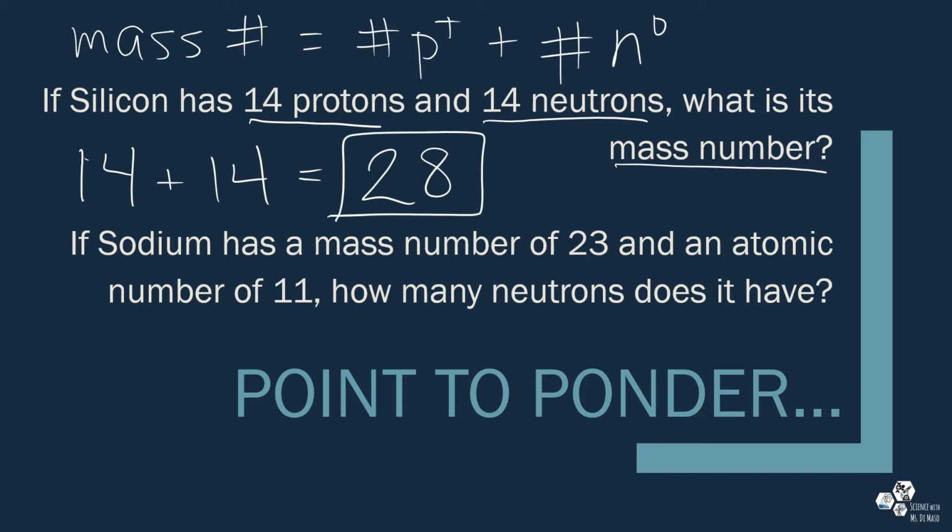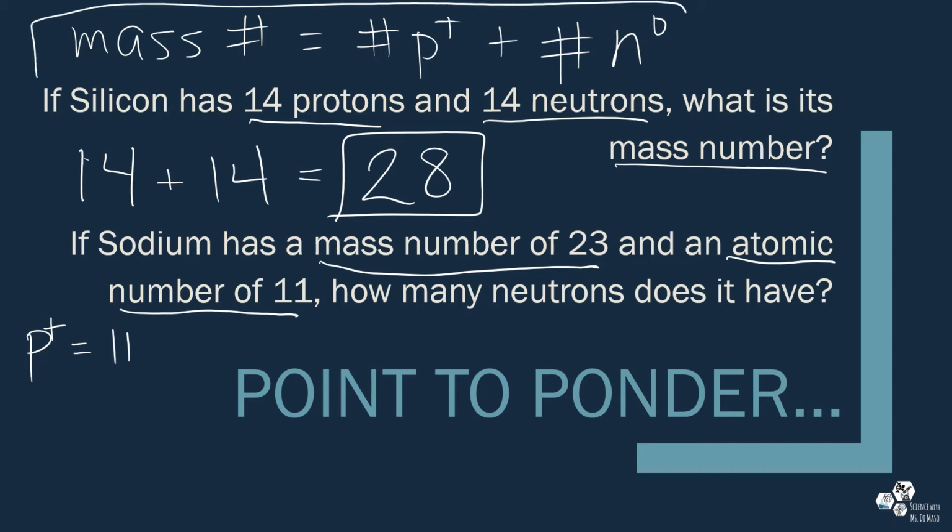So now let's do it in a little more complicated way. We know the mass number and we know the atomic number. Well, the atomic number, remember, is just the number of protons. So in this case, we know that the number of protons is equal to 11. And if we plug it into this equation, we can solve for our missing number of neutrons, n.